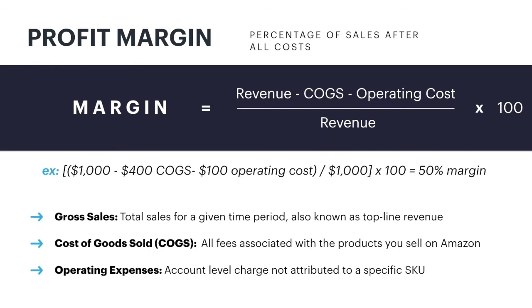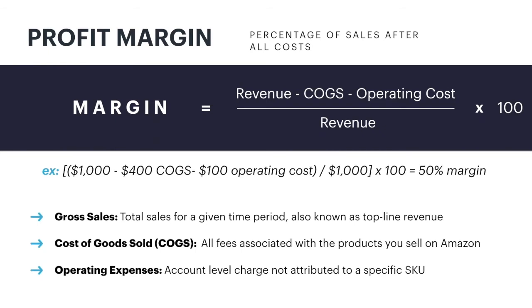Right. So just to clarify what each of these metrics mean, your gross sales are going to be your total sales for a given time period, which is the top line revenue that you make. Your cost of goods sold, or COGS, as we'll simplify it today, is all of the fees associated with the products that you sell on Amazon.